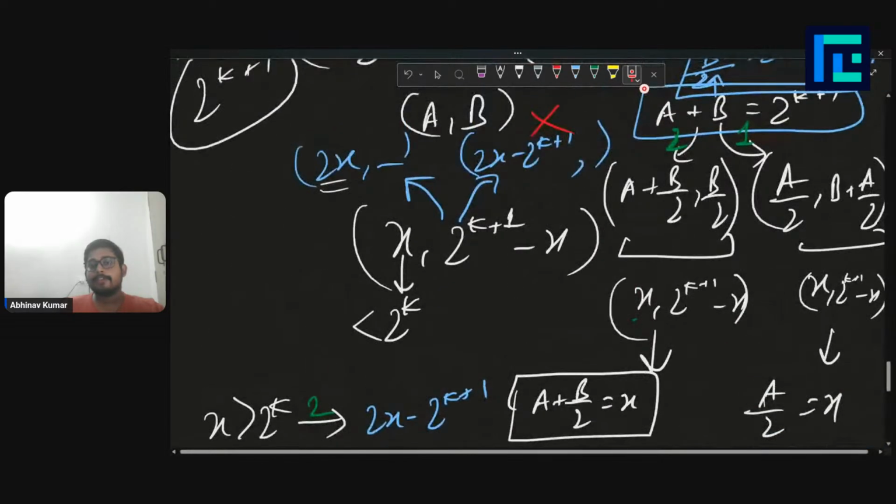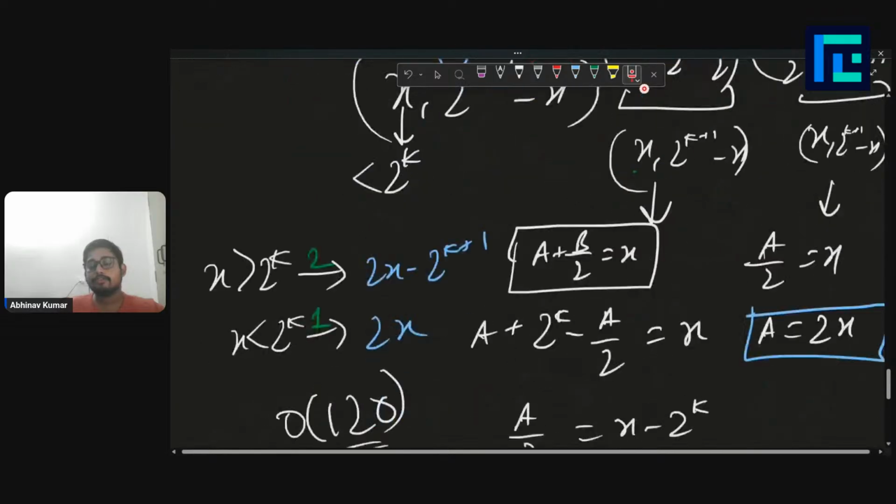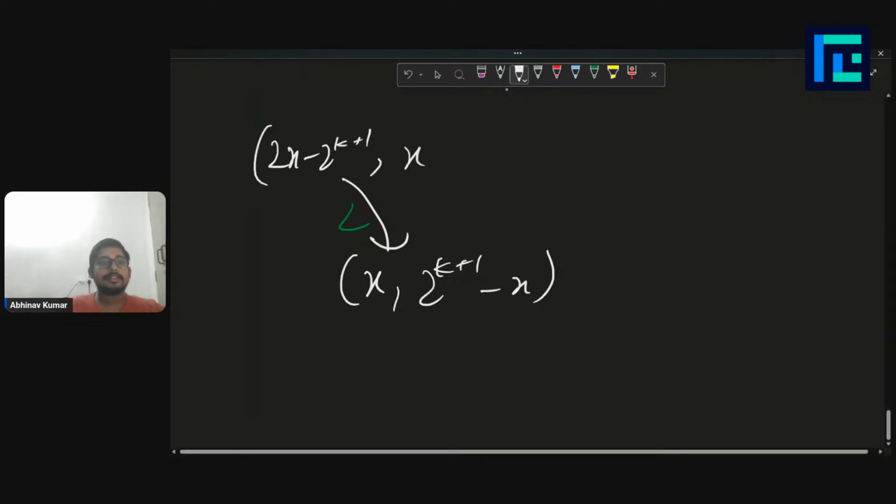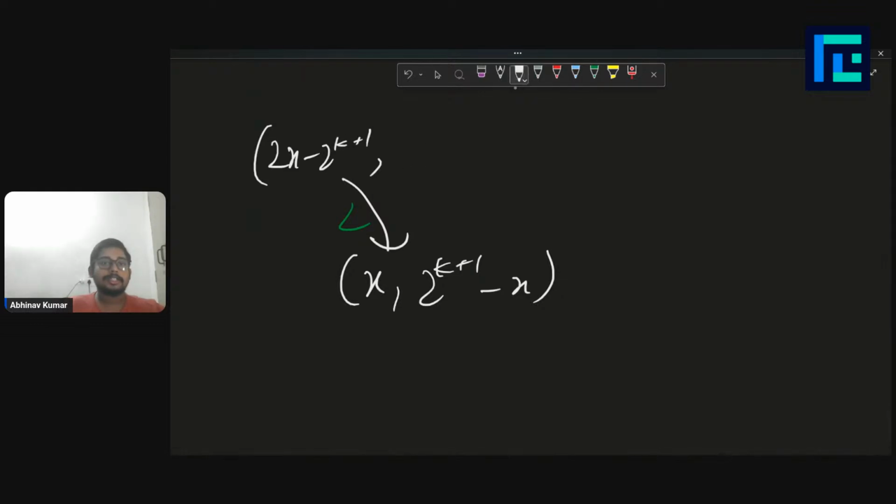That means if we come through operation number 2, then our previous state is 2x minus 2 to the power k plus 1, comma, the remaining would be 2x only.